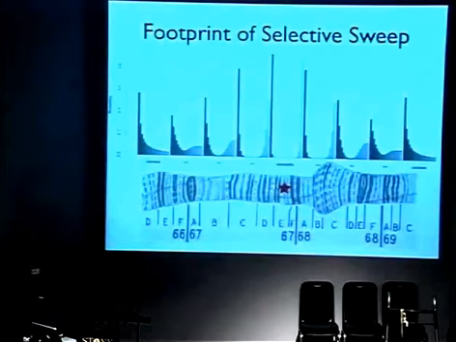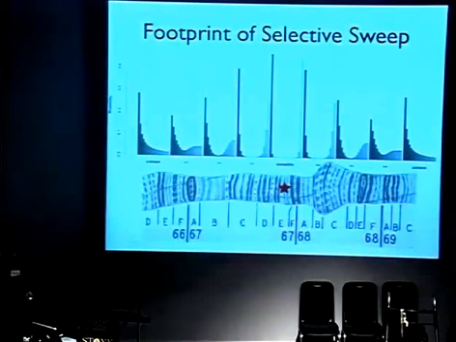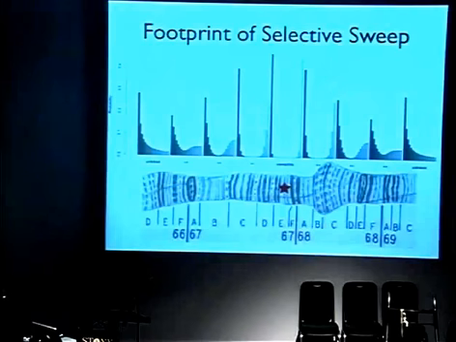Now, this is the site frequency spectrum perspective of exactly what John was talking about. When a selective sweep occurs, selective sweeps reduce variation at linked sites, and they also lead to a skew in the site frequency spectrum at those linked sites.